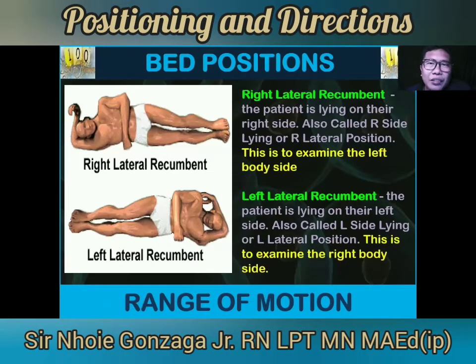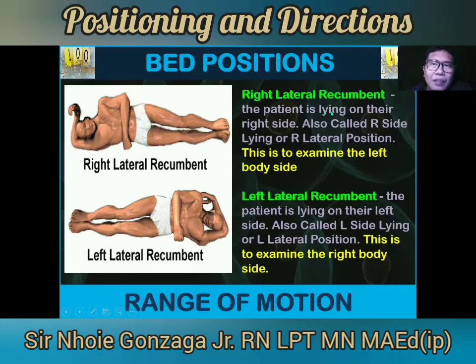Next position is the right lateral recumbent. If you notice here, this is not a normal right-sided position, right? But the knees are a little bit bent. That is why you call it right lateral recumbent. So side lying, but the knees are flexed a little bit.